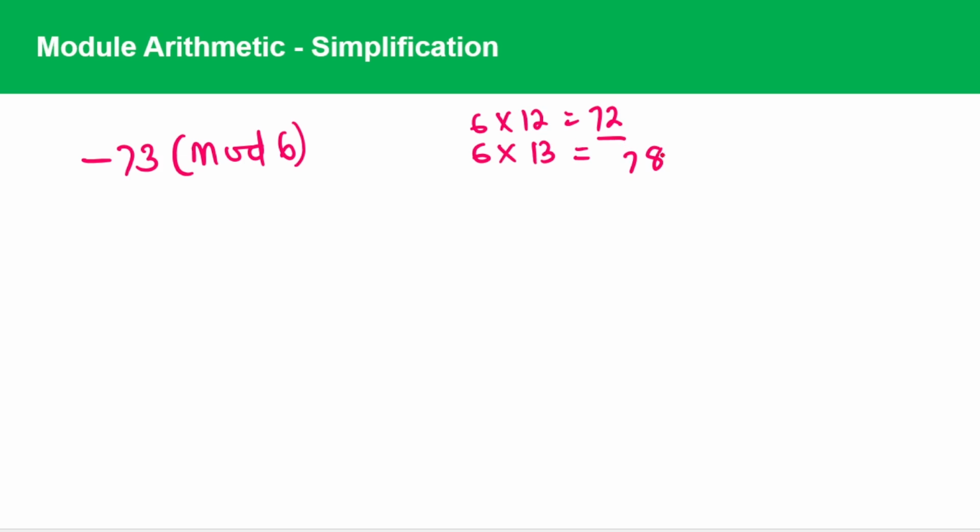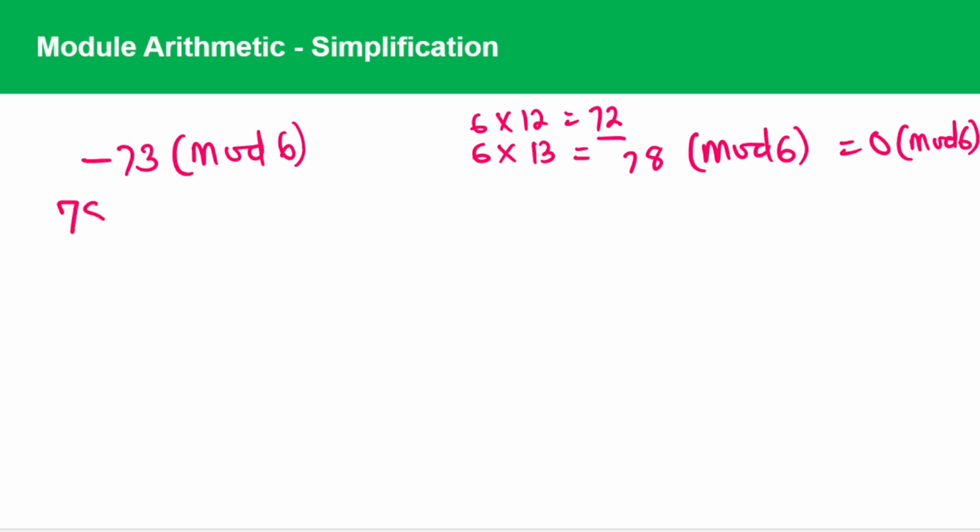Therefore, adding 78 to this expression is as if I'm adding 0, because 78 mod 6 is equal to 0. 78 divided by 6 gives you 13 remainder 0. So we're not changing anything. But the whole idea is to use the 78 to turn the negative 73 into a positive number.